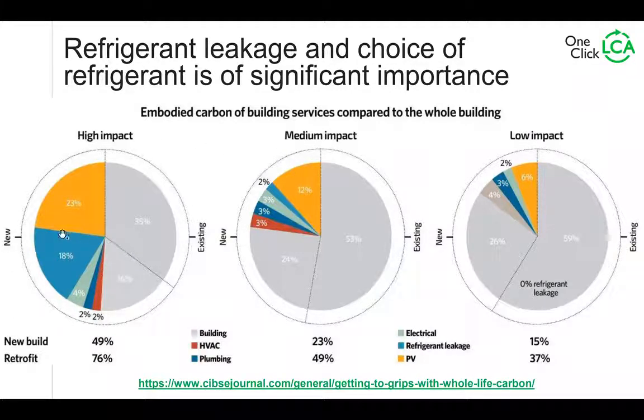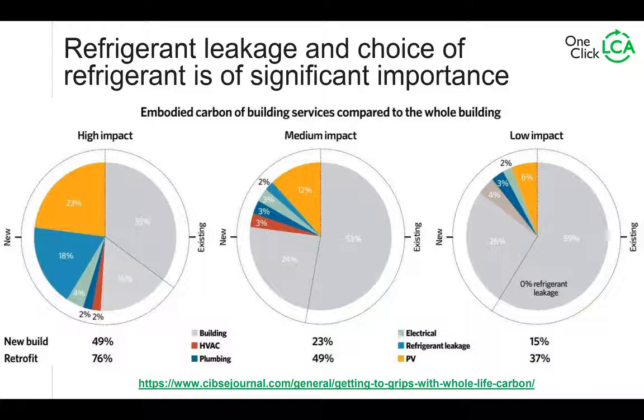But here we have up to 18% for an office building using EU allowed refrigerants from the life cycle impacts just coming from the AC refrigerant leakages. And that's obviously massive, right? So we are dealing here with a potentially very significant problem for buildings which produce chilling.